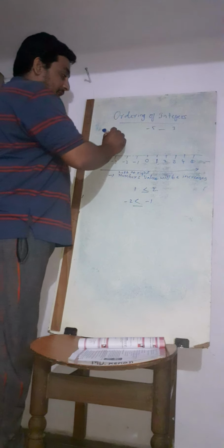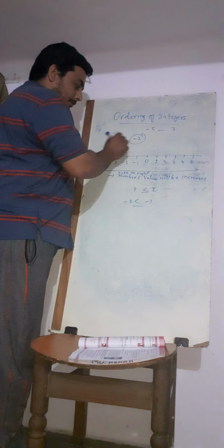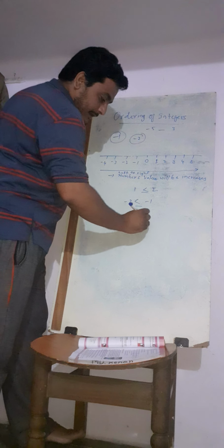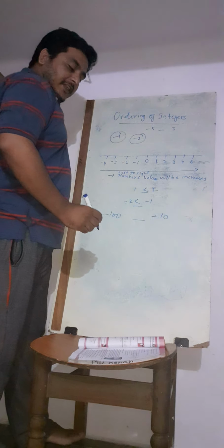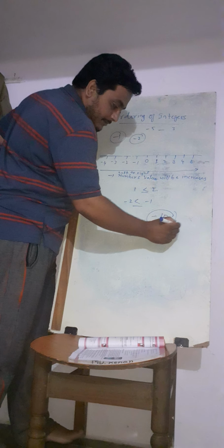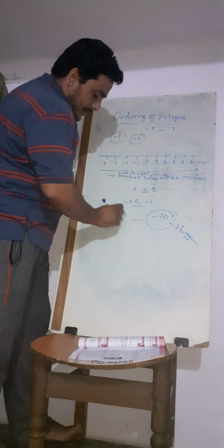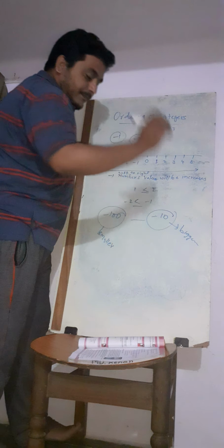Here -1 is the bigger number and -2 is the smaller number. If I take -100 and -10, -10 is the bigger number and -100 is the smaller number.